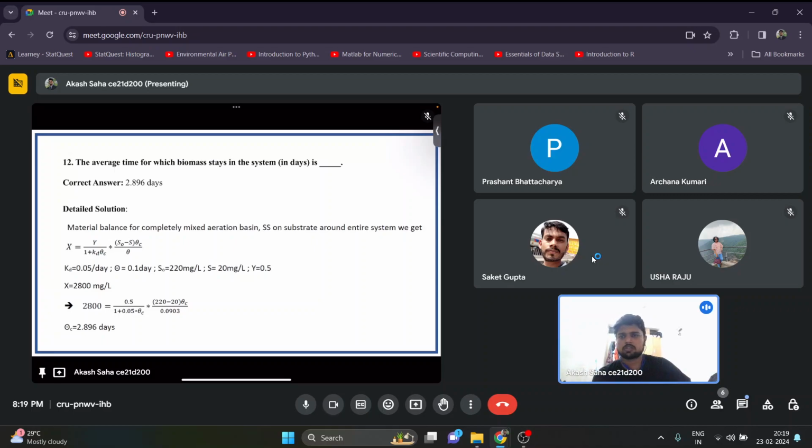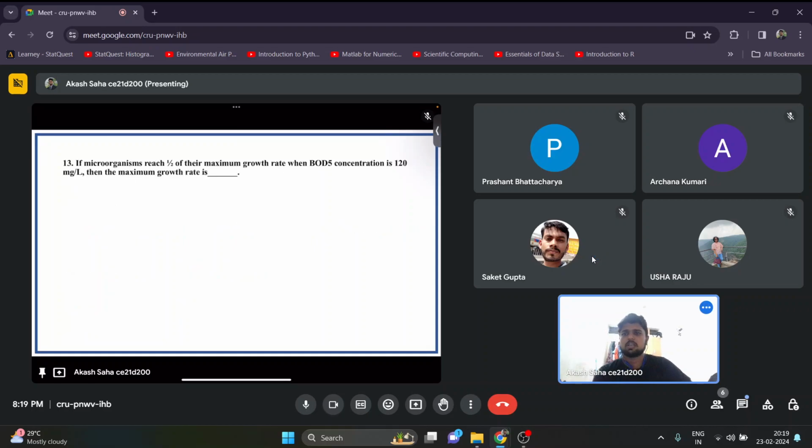So this is the 12th question. Now last question. If microorganisms reach half of their maximum growth rate when BOD concentration is 120 milligram per liter, then the maximum growth rate is. So again it is asking that if the microorganisms reach half of their maximum growth rate. So here we have to connect through Monod's equation.